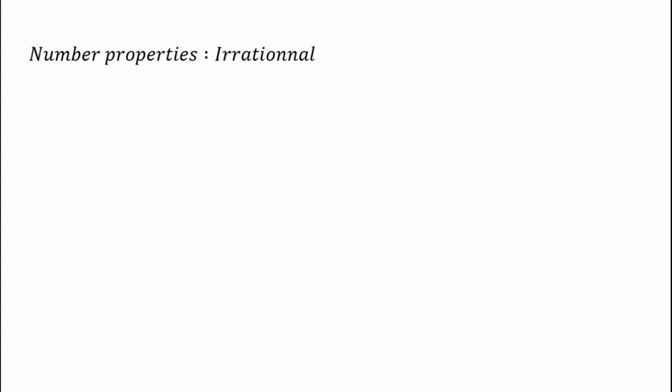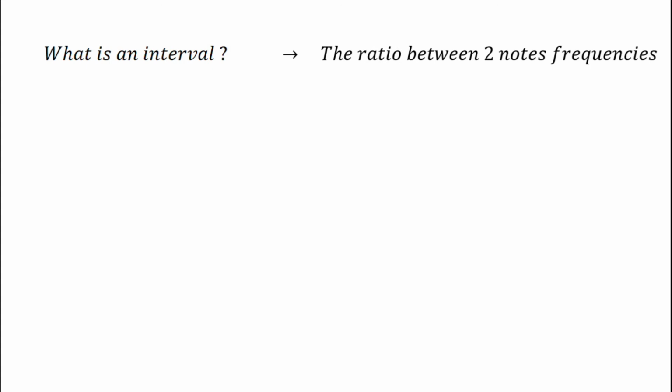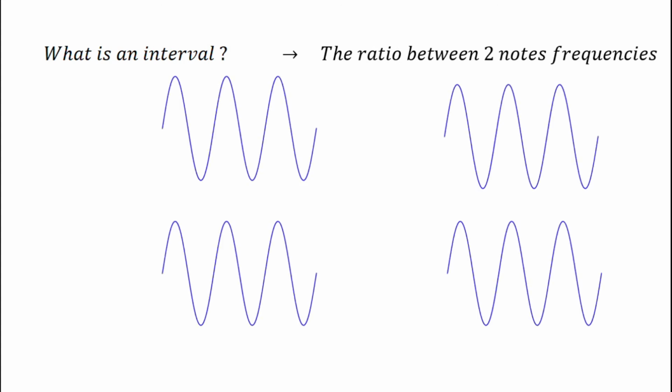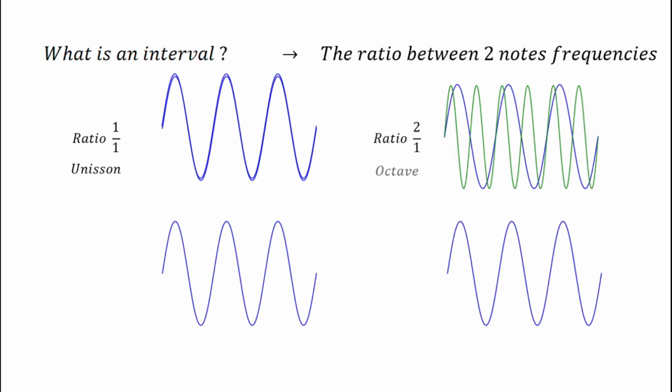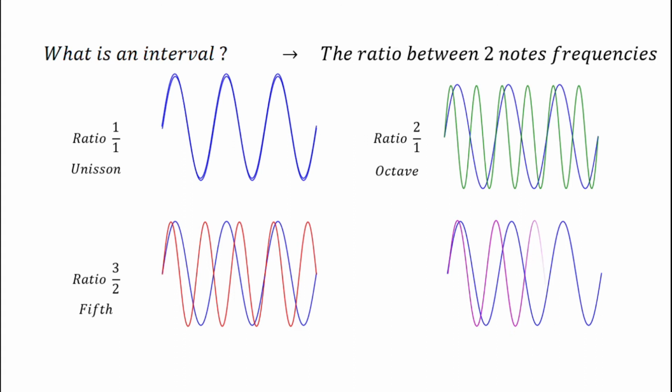If you don't know what an irrational number is, think in terms of music intervals. If an interval was irrational, that would mean that the two notes will never meet after the start. If you take the octave interval, they meet 1 time every 2 periods. For the fifth, it's 2 times every 3 periods.